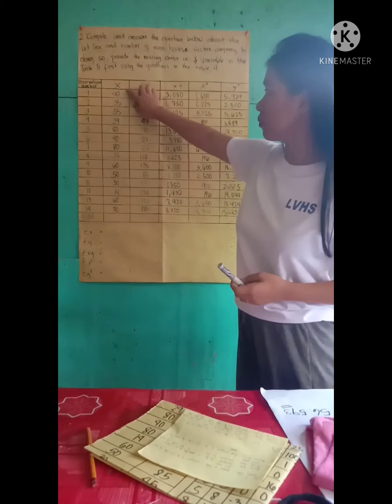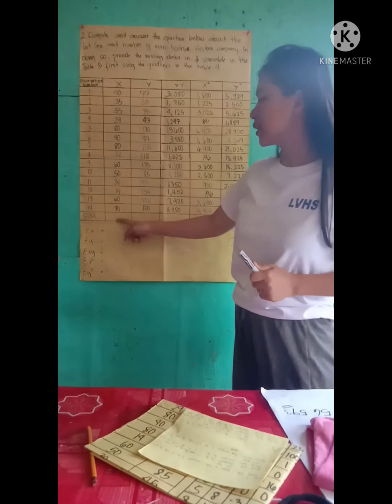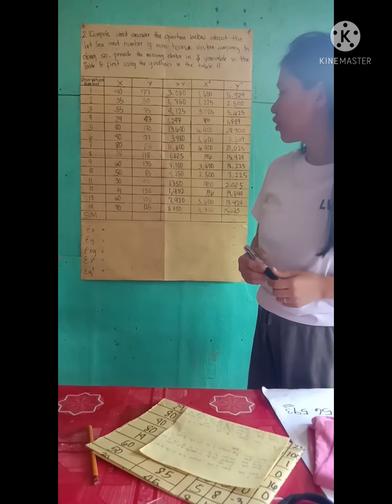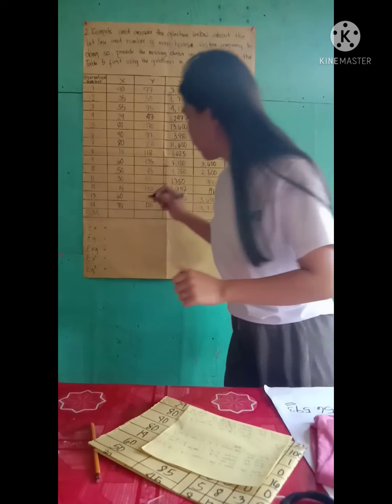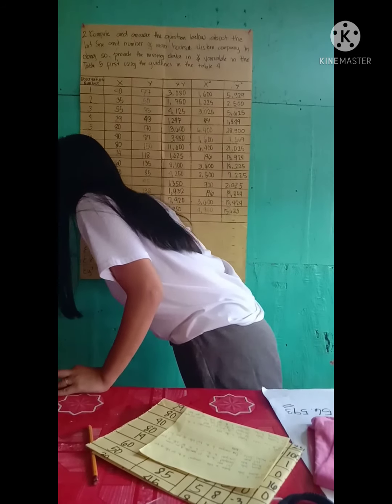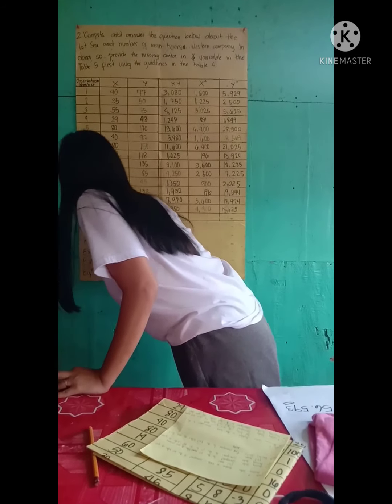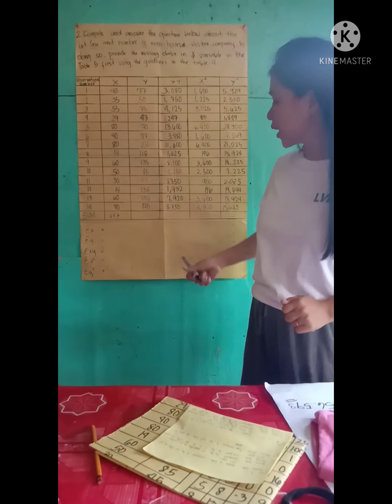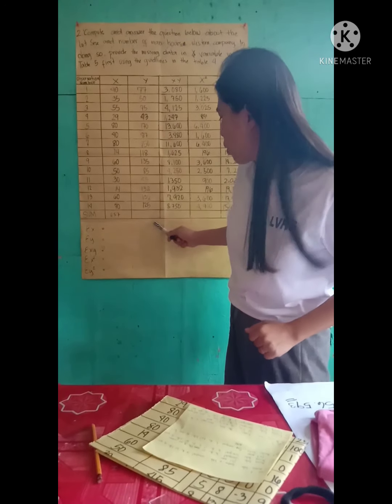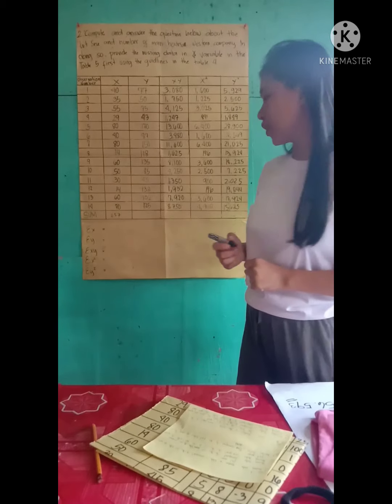total. For the x column, it has the sum of 657. For the y column, it has a sum of 1,425.